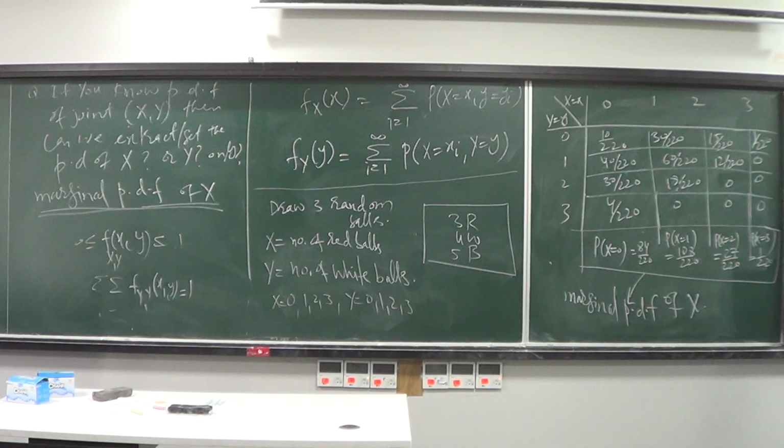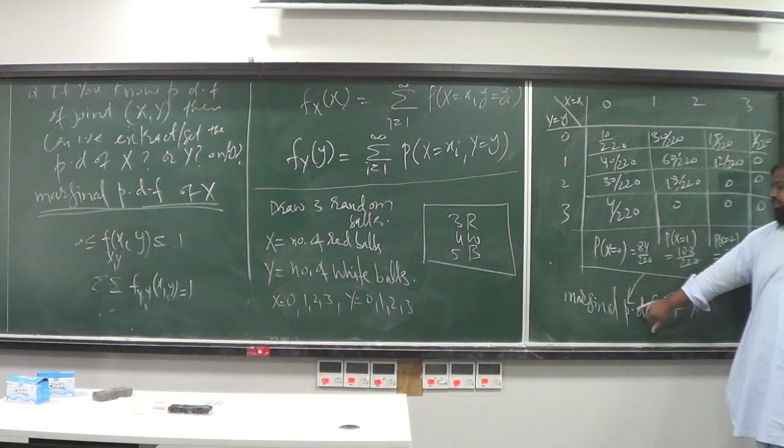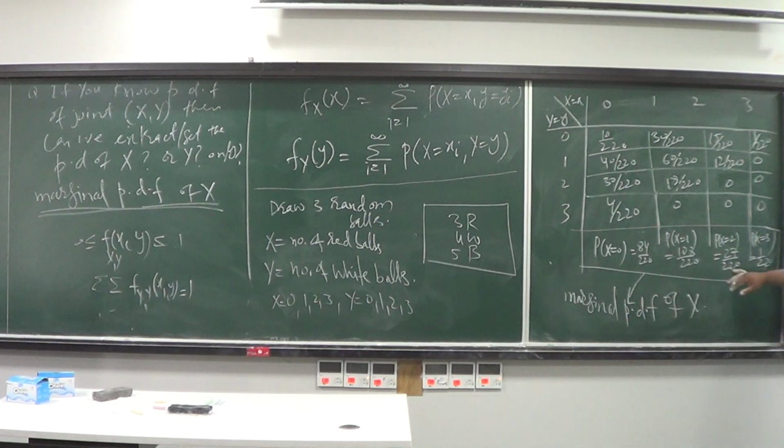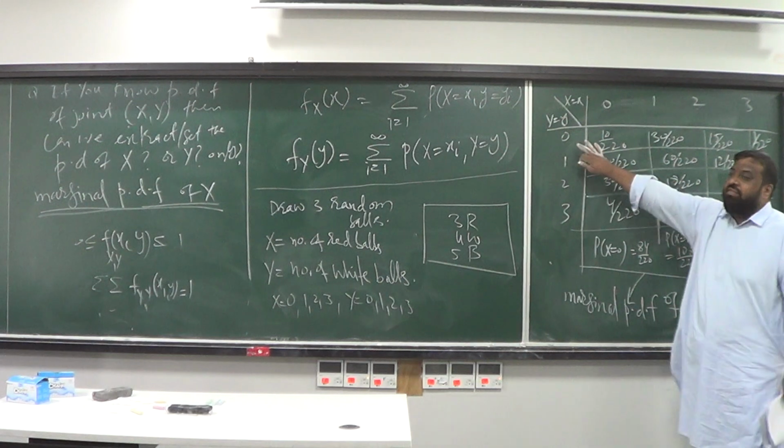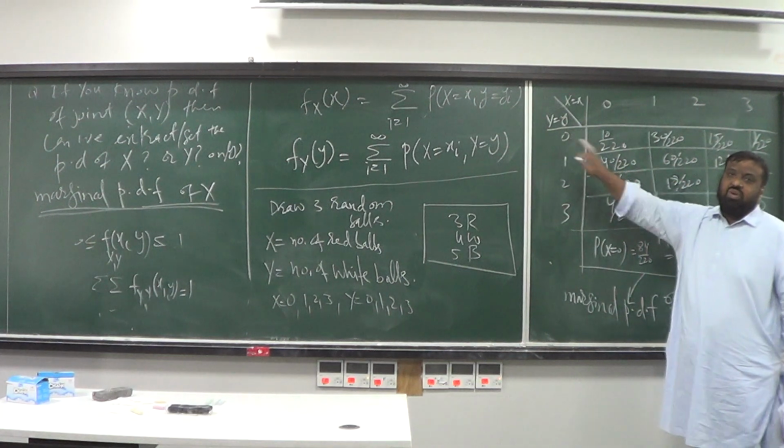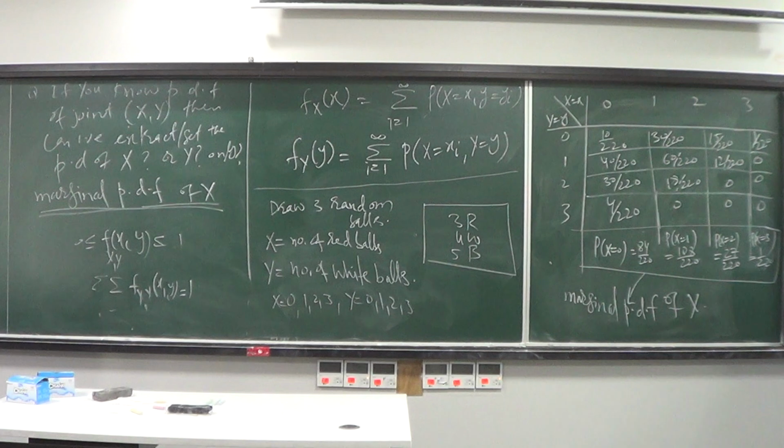So it's indeed a PDF of X, but you are extracting it from the joint PDF. Similarly, if you take the row sum, you get the marginal PDF of Y, and that is also a PDF.